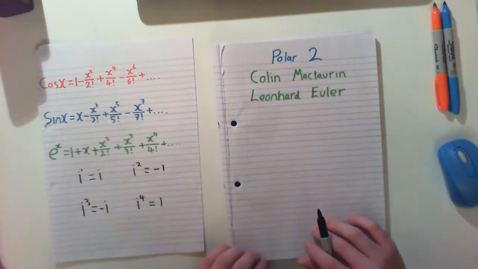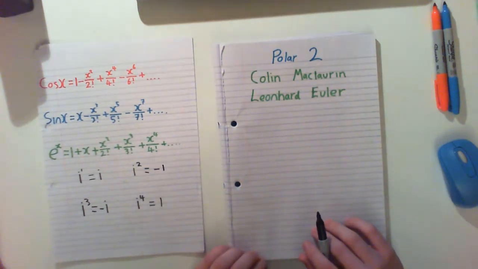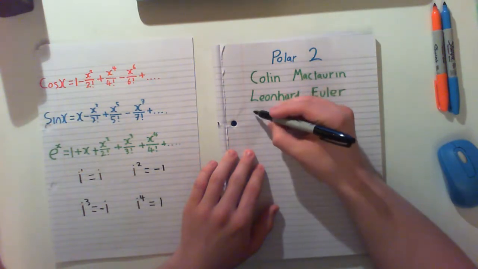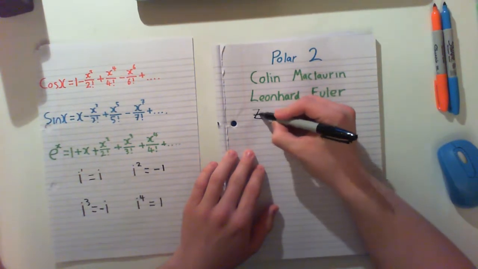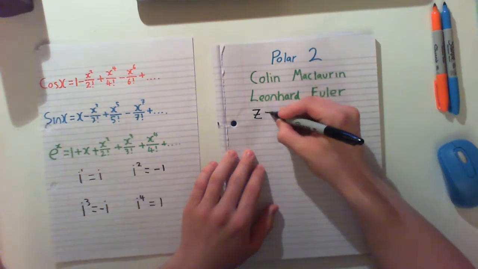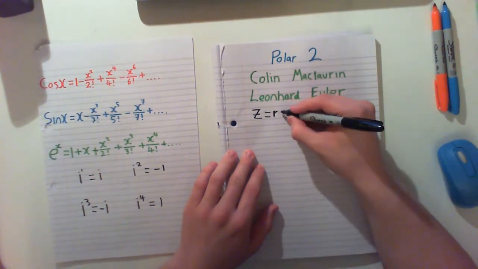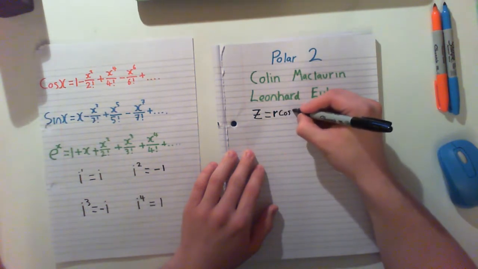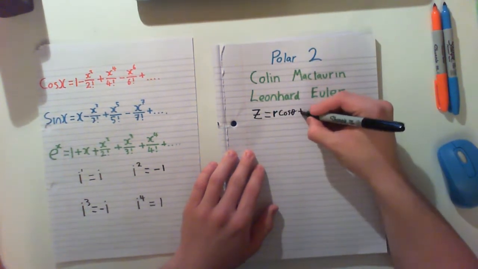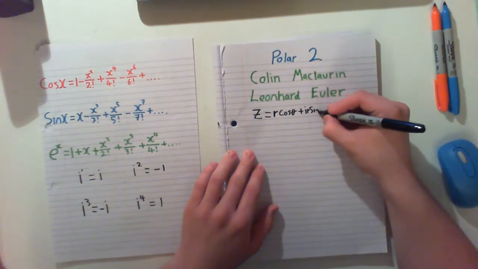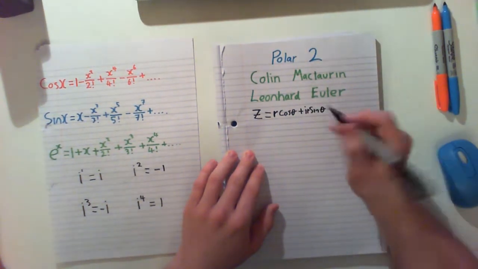So what we're going to do is sub in our parts which we had. We know that our number can be given by z equals r cos theta plus i r sine theta. But we factored out r.